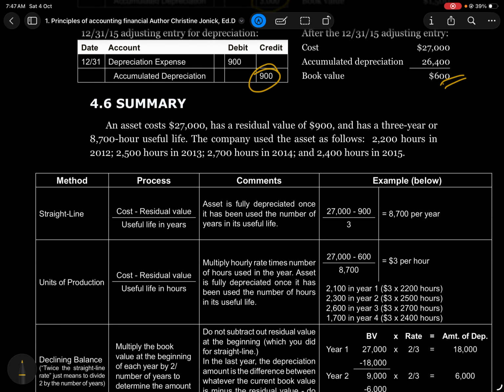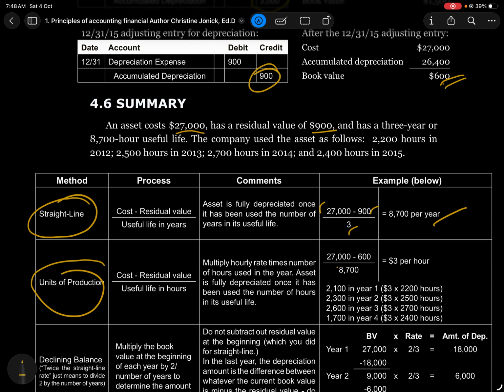So an asset which cost 27,000 has a residual value of 900 and a useful life of 3 years. Right, in the straight line method, what would we do? 27,000 minus 900 divided by 3 would give us 8,700, right? Based on units of production, what would we get? It would be 27,000, right?